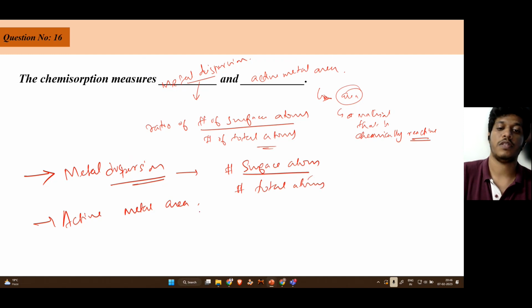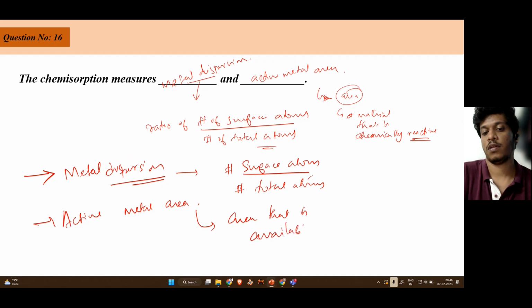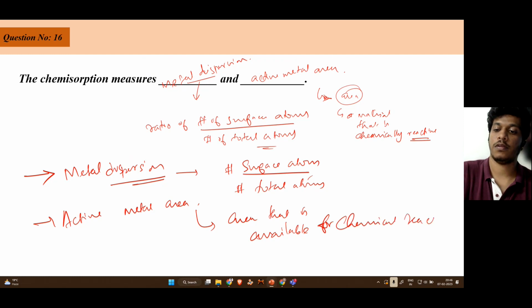And active metal surface area is the area that is available for chemical reactions.